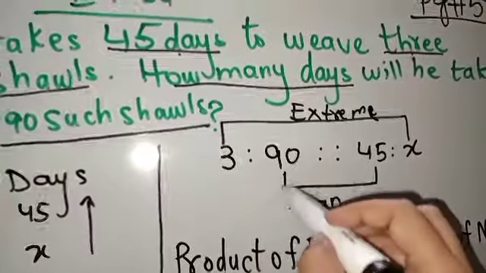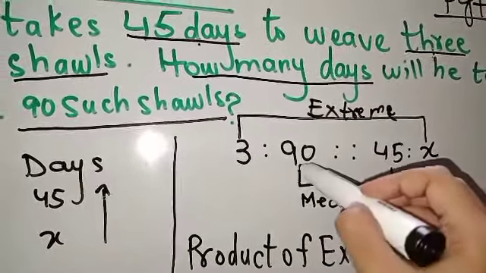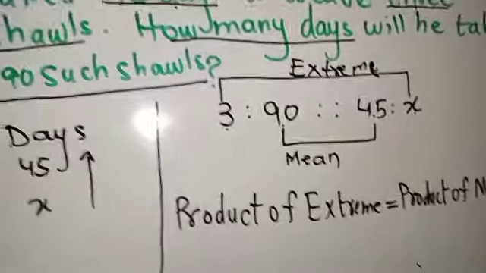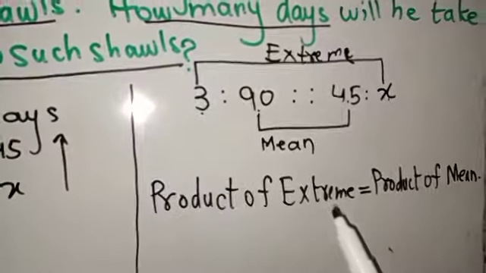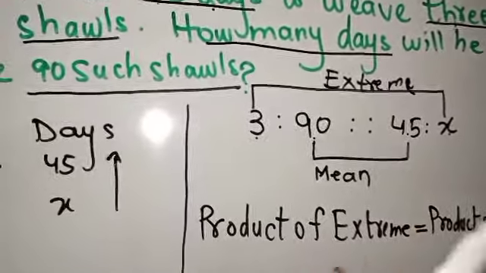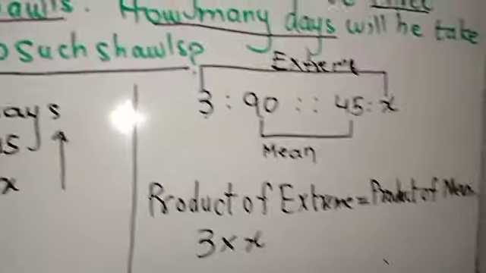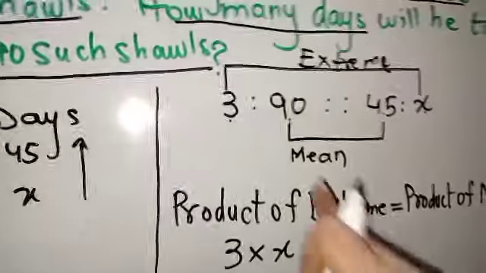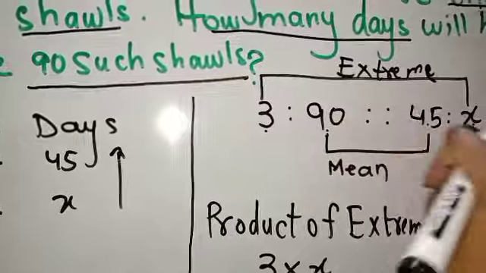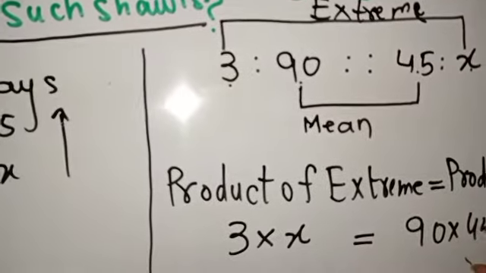Product means multiplication. So product of extreme means 3 multiplied by X. Product of mean is also multiplication, so it is equal to 90 multiplied by 45.